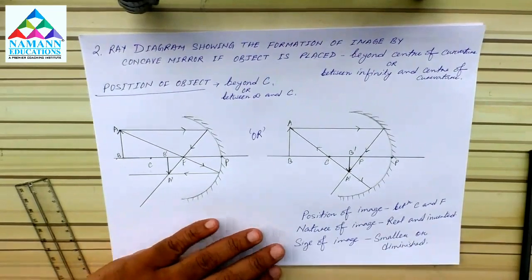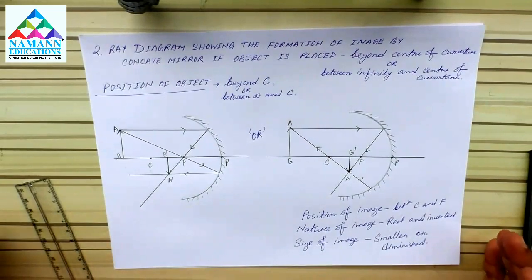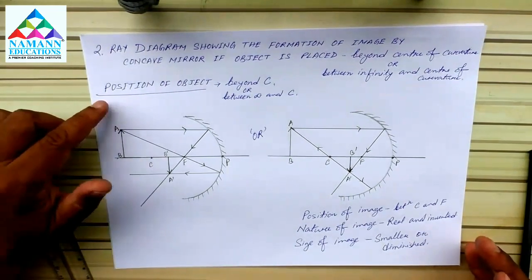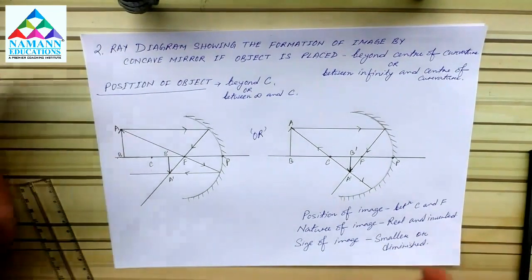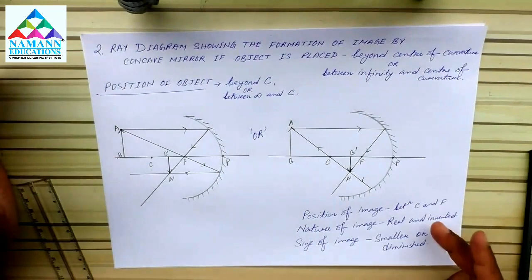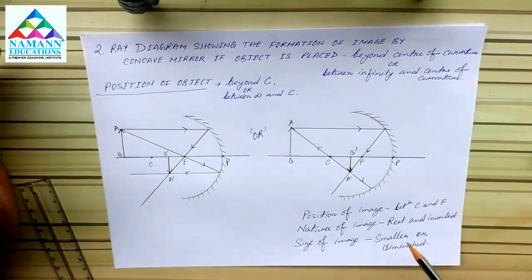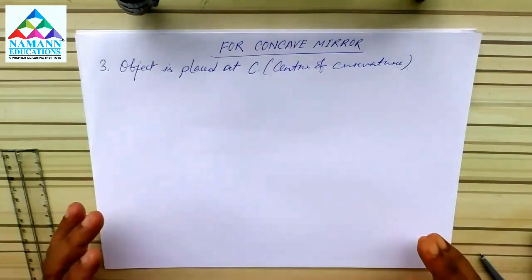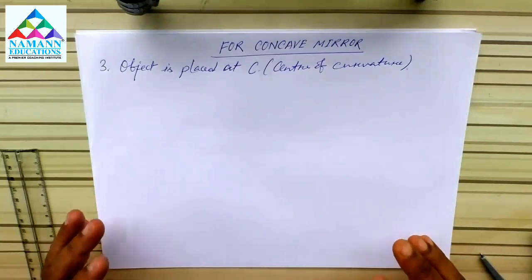So in this way we can draw ray diagram for this position, that is position of object beyond C, and position of image we are getting between C and F. Nature of image real and inverted, size of the image smaller or diminished. Now I'll discuss third point, where object is placed at center of curvature.